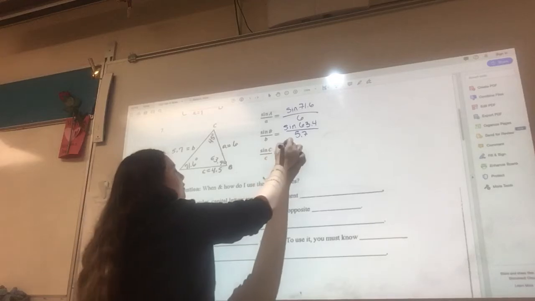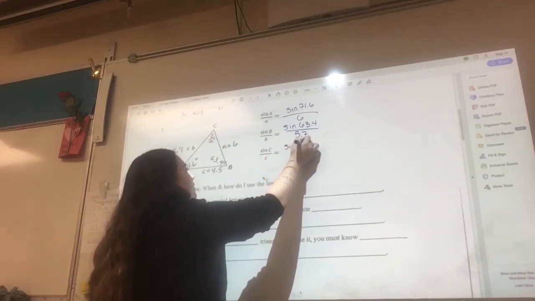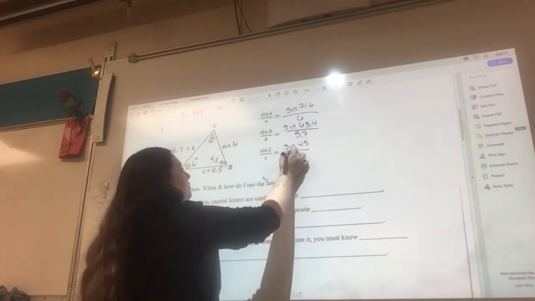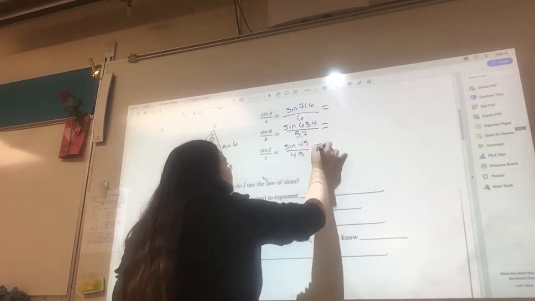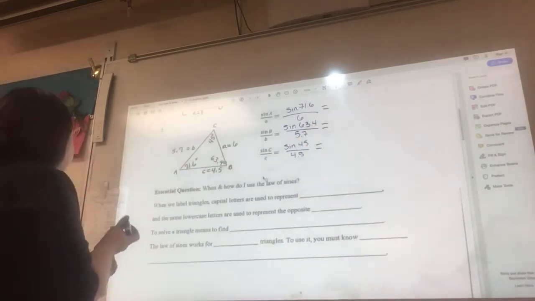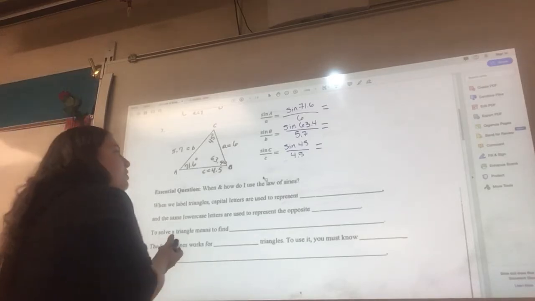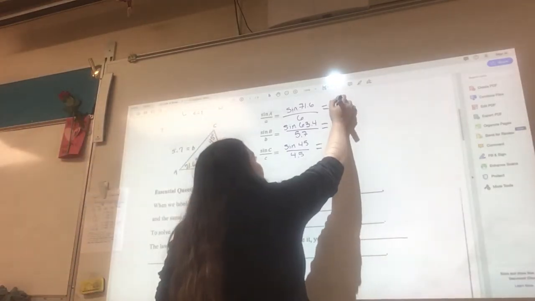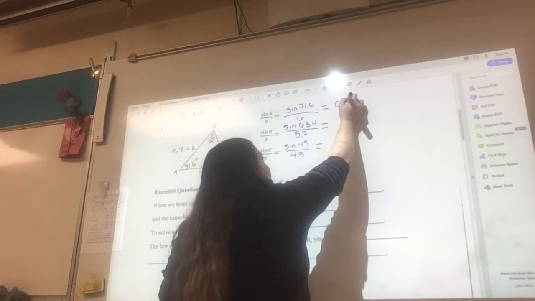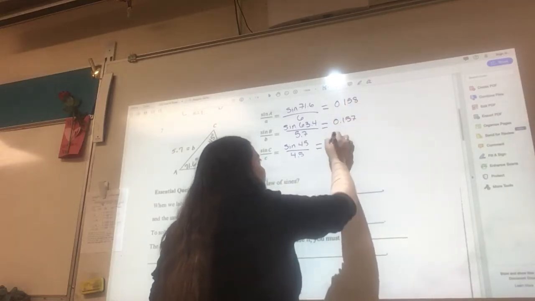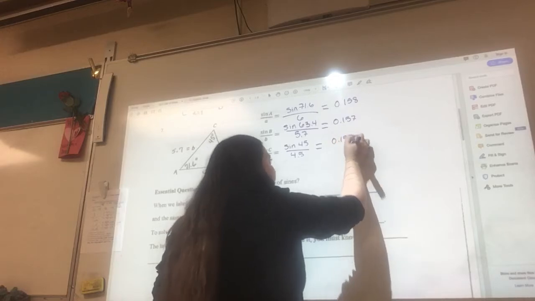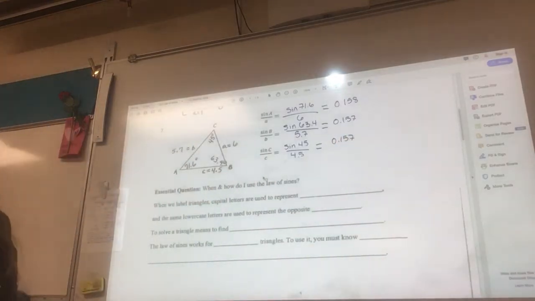Sine of 45 all over little c of 4.5. Now plug them into your calculator to see what you're getting. The first one is approximately 0.158, and then the other two are about 0.157 approximately. So they're very, very close.